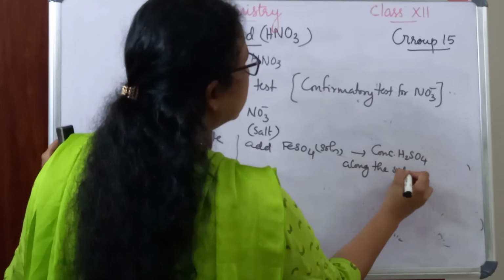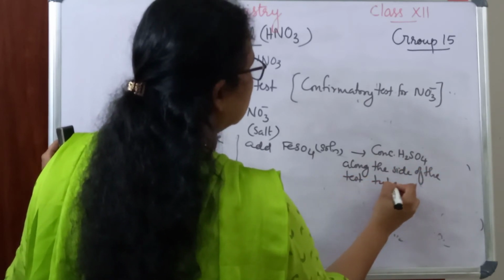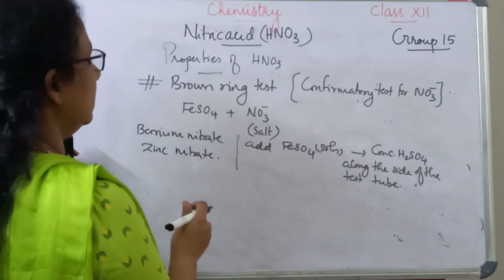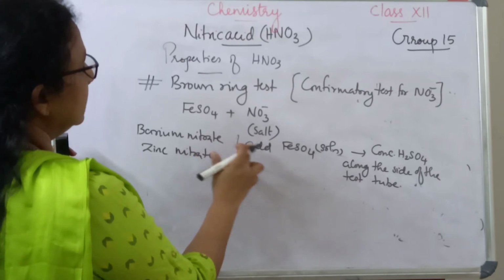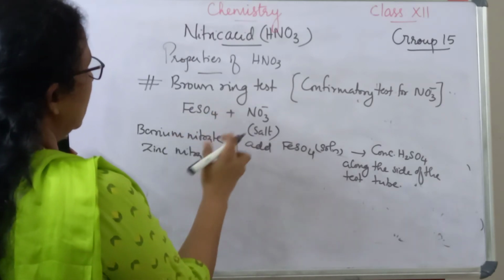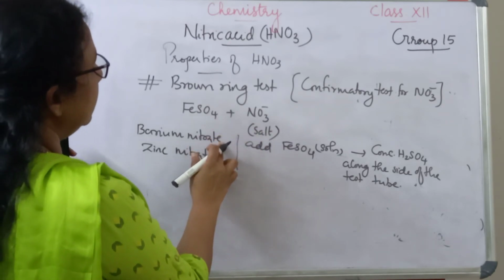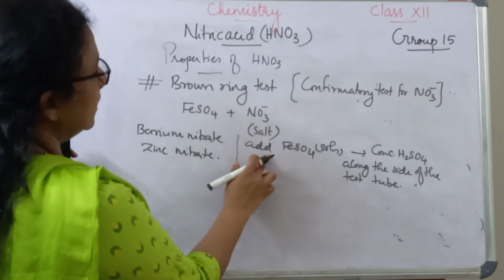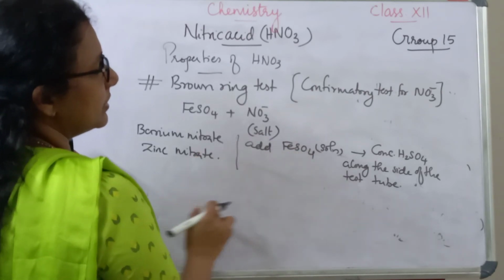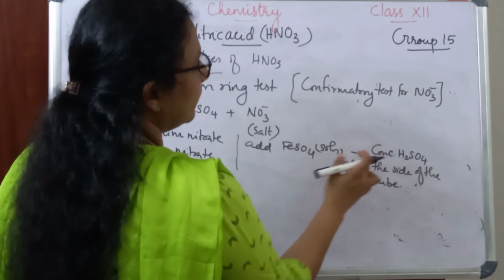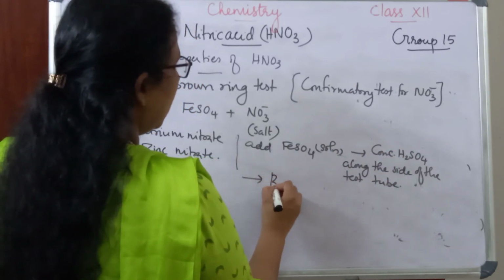So first of all, we will take freshly prepared ferrous sulfate and add it to the salt containing nitrate. Then in that solution, we need to add concentrated sulfuric acid along the side of the test tube. At that time, we will see a brown ring.